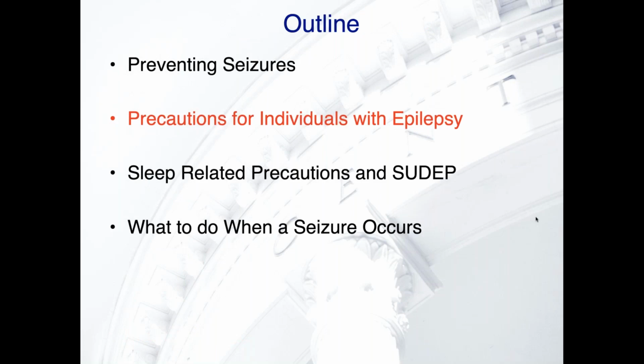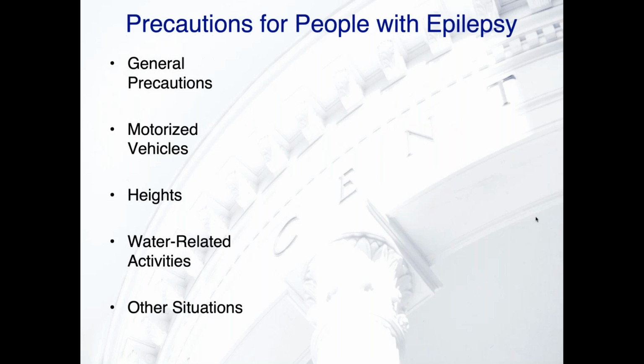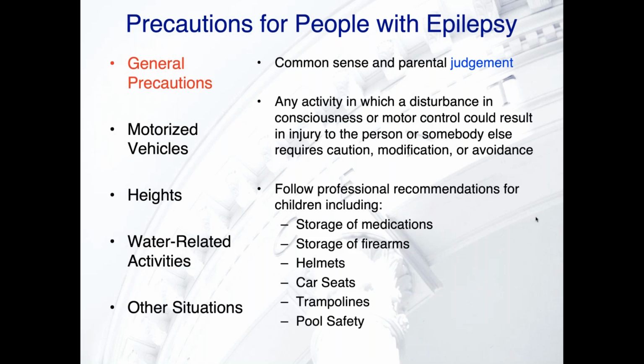So moving on, I wanted to talk about precautions for individuals with epilepsy. And these are really going to be precautions designed to keep people safe. Now, I divided it up into these general categories, and we'll start off with general precautions.